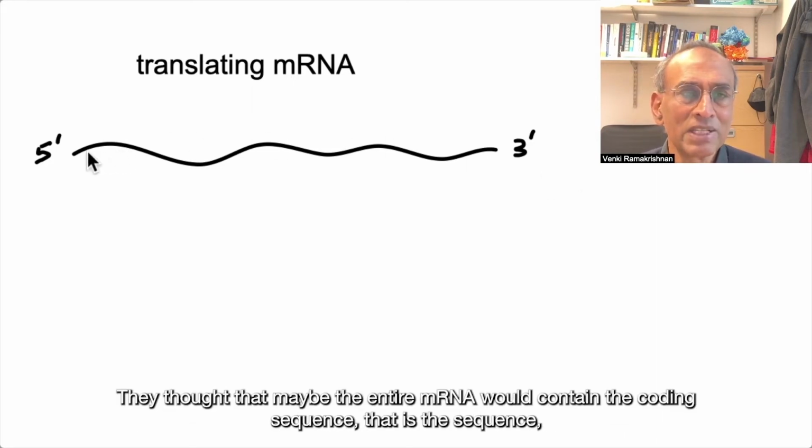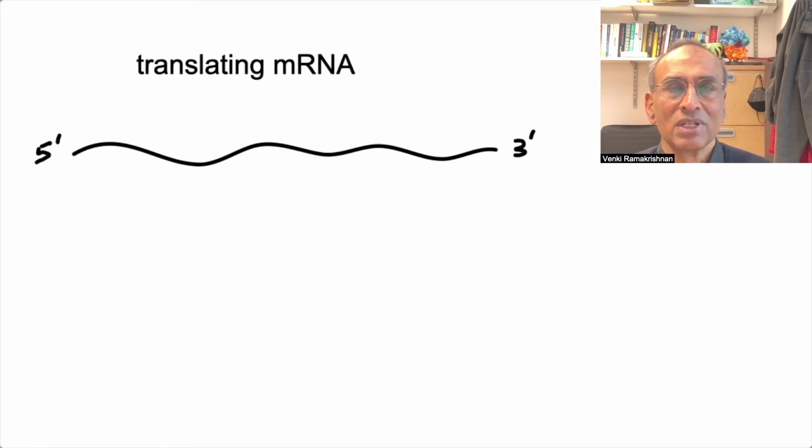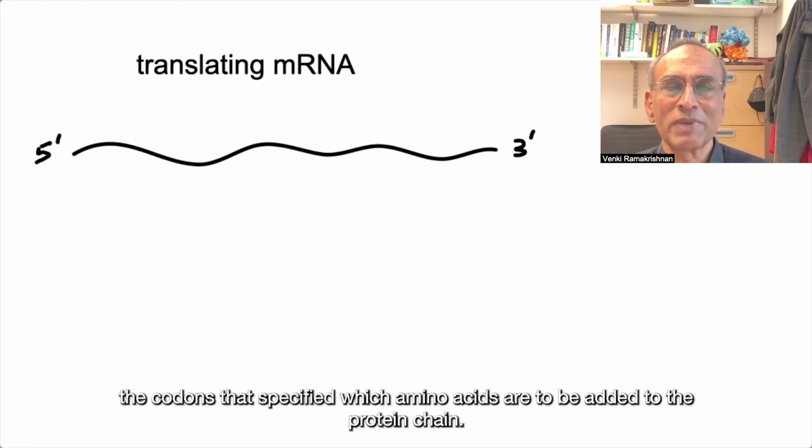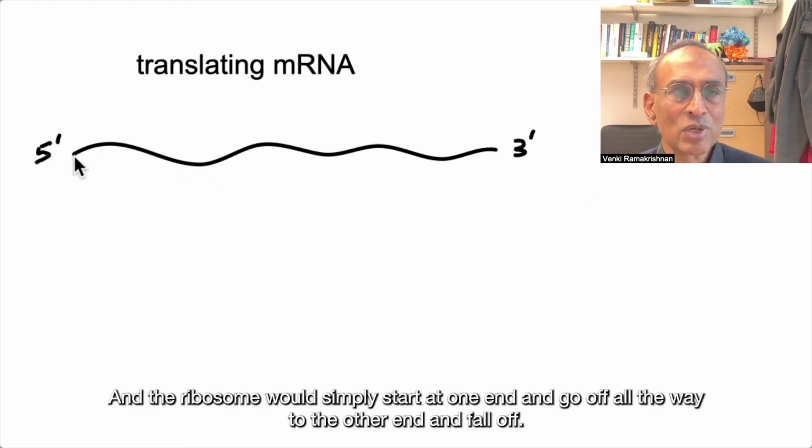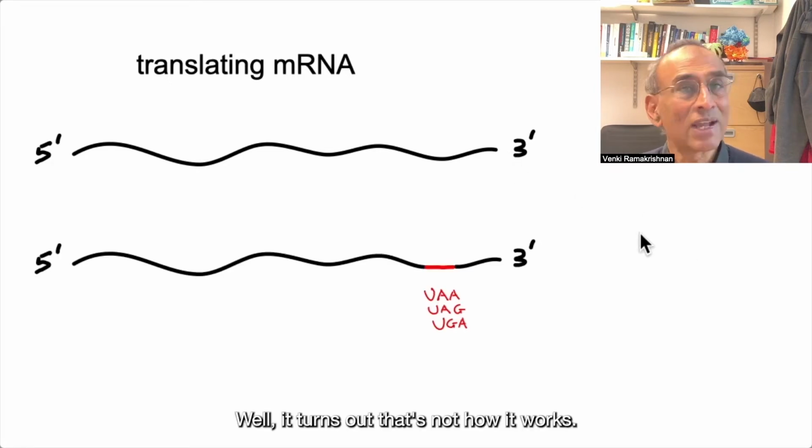They thought that maybe the entire mRNA would contain the coding sequence, that is the codons that specified which amino acids are to be added to the protein chain. And the ribosome would simply start at one end and go all the way to the other end and fall off. Well, it turns out that's not how it works.